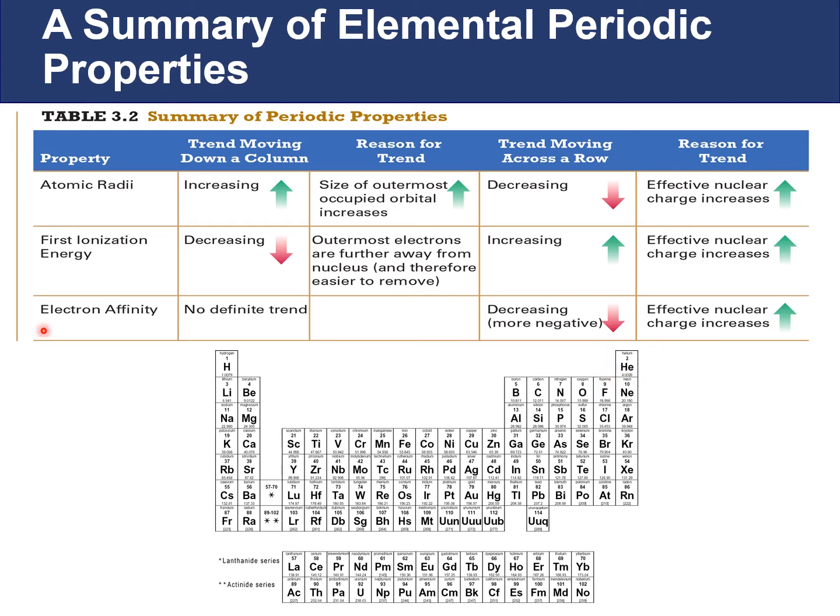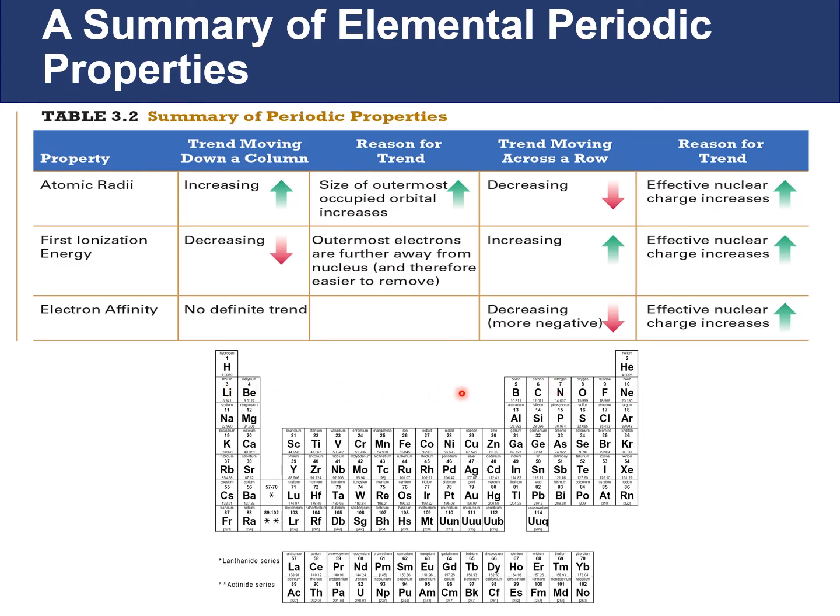The last one is our electron affinity, which again is the amount of energy that you get from adding an electron to a neutral atom in the gas phase. There is no definite trend in going up or down a column. However, there is a distinct trend in going from left to right.